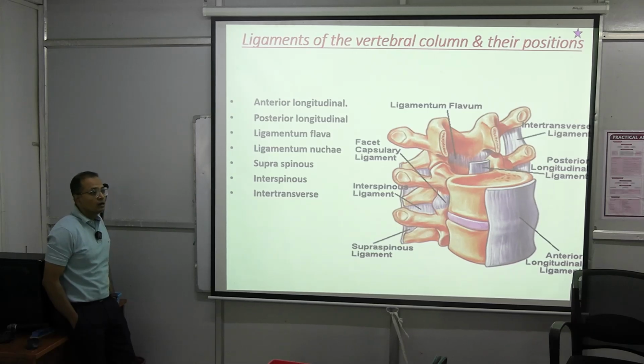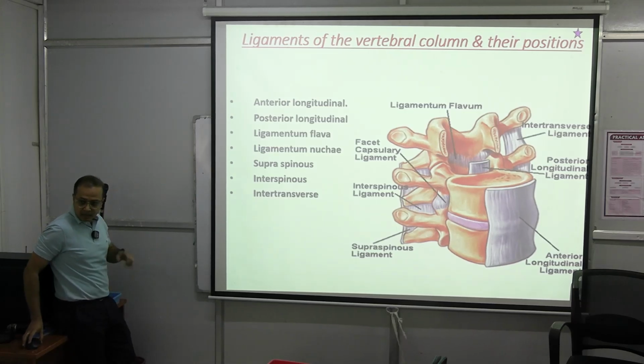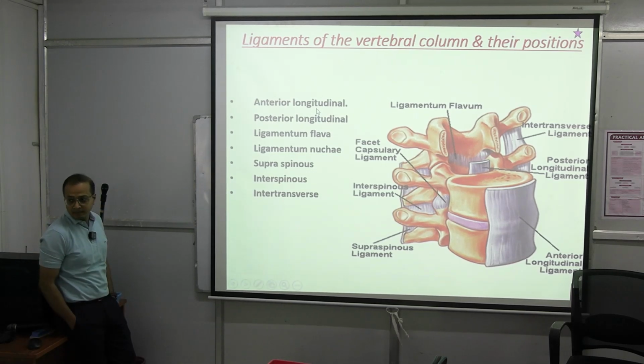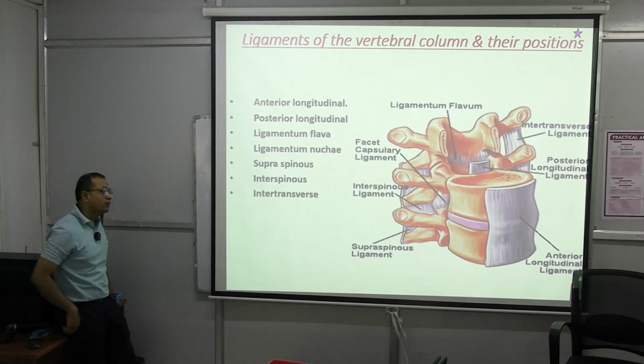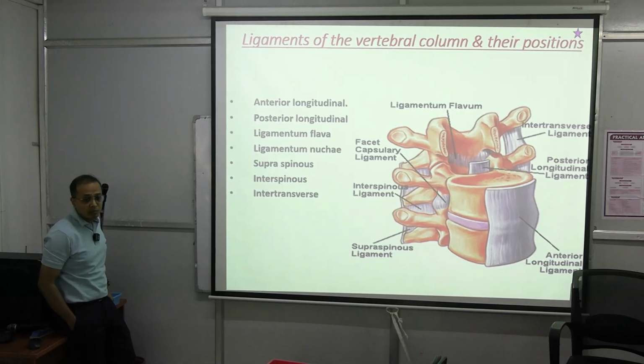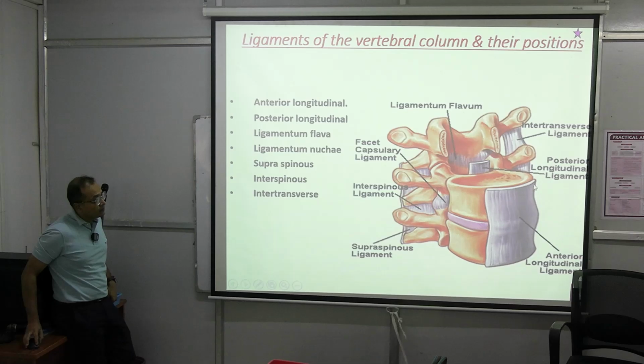As they are present on the anterior and posterior aspects of the vertebral bodies, we call them the anterior and posterior longitudinal ligaments. Why are they longitudinal? They run throughout the length of the vertebral column, in respect to the vertebral bodies: anterior to the vertebral body, posterior to the vertebral body. So, anterior longitudinal ligament, posterior longitudinal ligament. Clear?